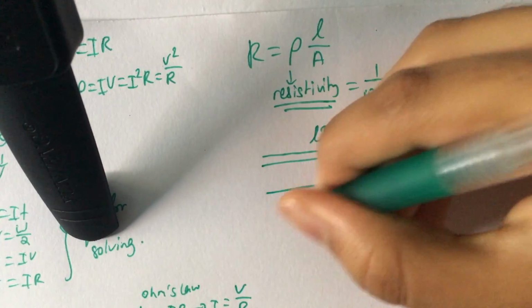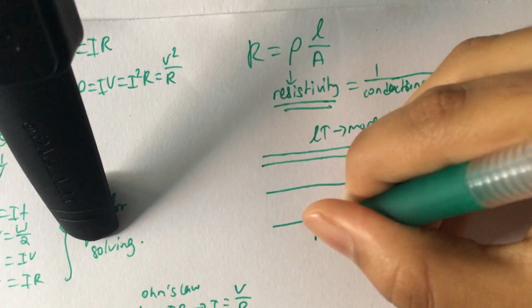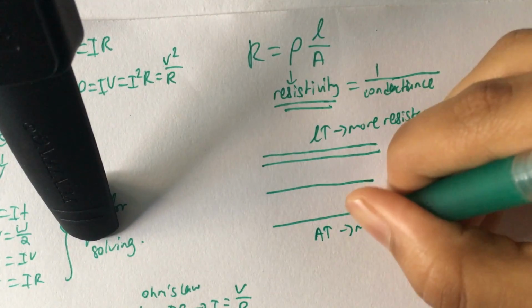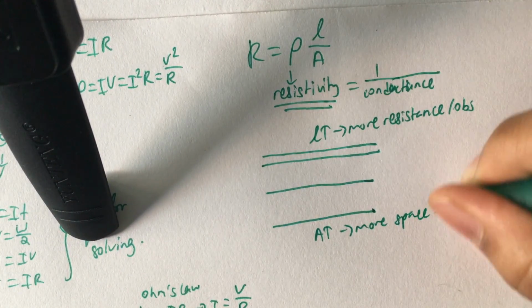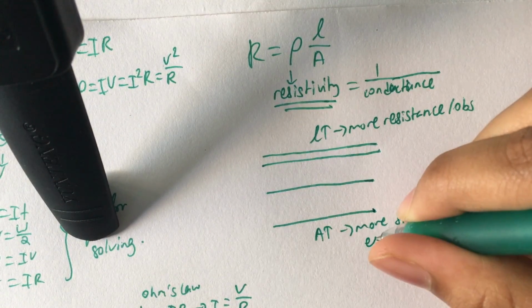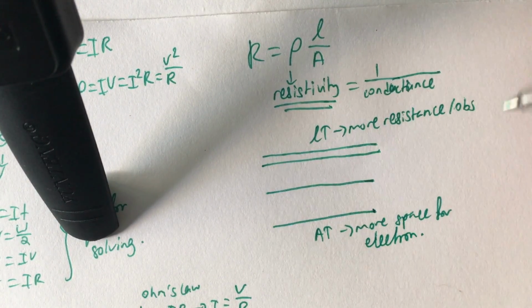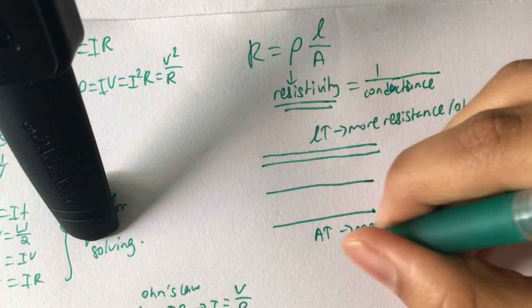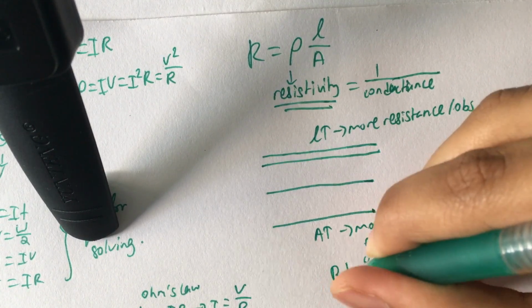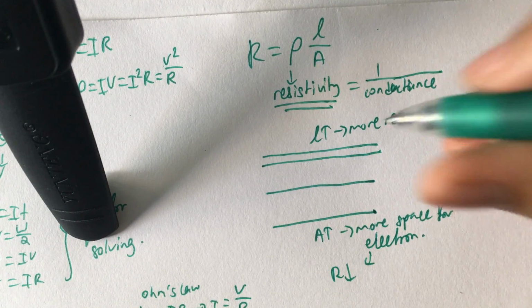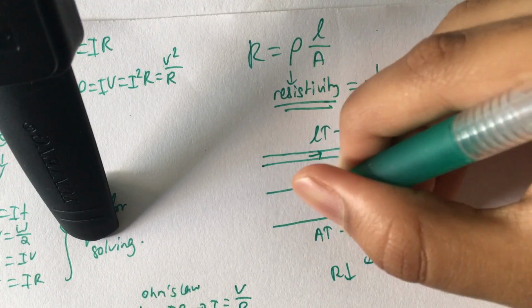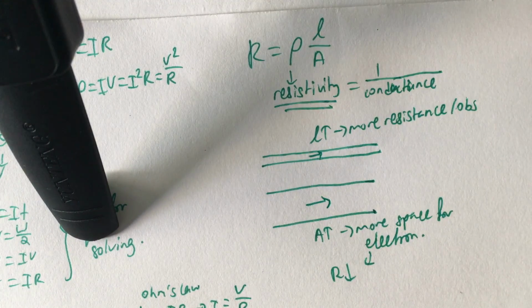So if the resistance is higher, there's less water flow. And that's why for the equation you'll get R equals rho L over A. The rho is a value that you can get as data in your question, and you can use it in this equation. So if they give you some values, then you can put them in your equation.